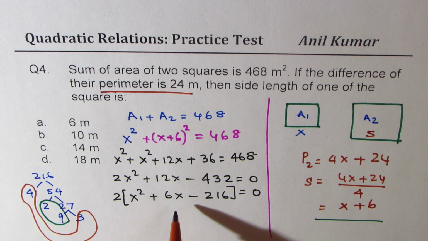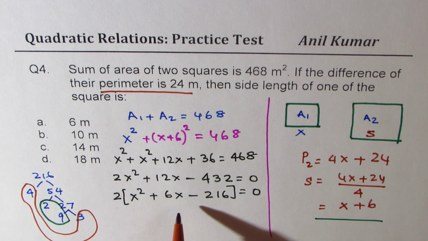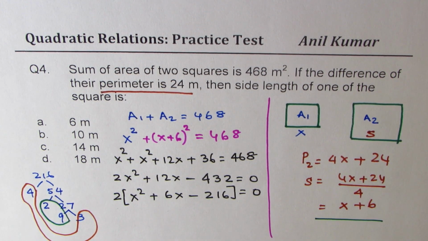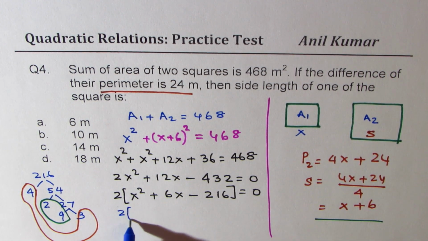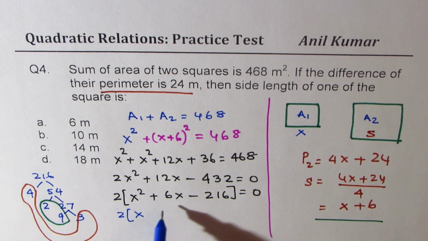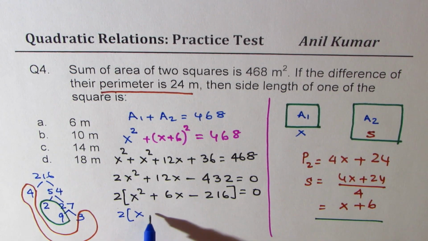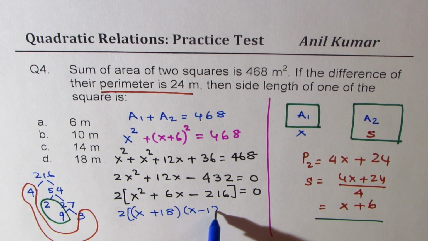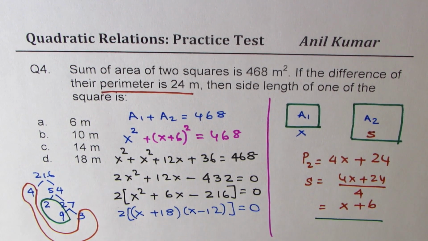So 12 and 18 works for us. Their difference is 6. So we could write this as 2 times (x plus 18) times (x minus 12) equals 0, since we need the bigger number to be positive, right?